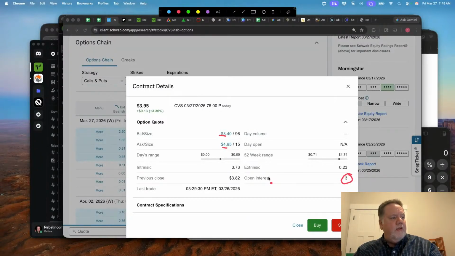It doesn't mean you can't place some functional trades, but it does mean you're going to be dealing with longer periods in between transactions. You may not get exactly the price that you want, and if you do, you may have to wait a little bit longer for it. So the last trade here was $3.95.